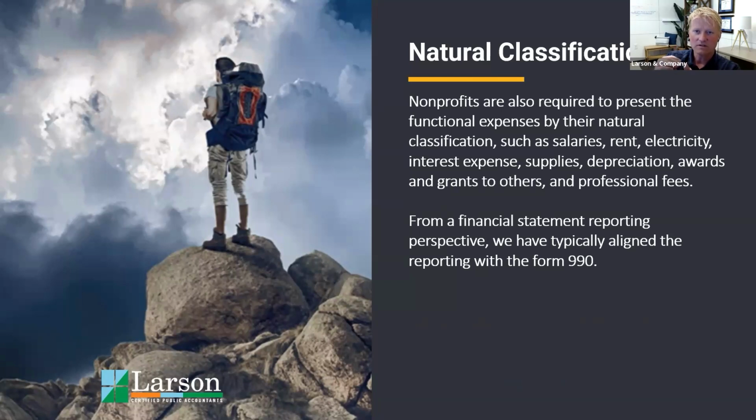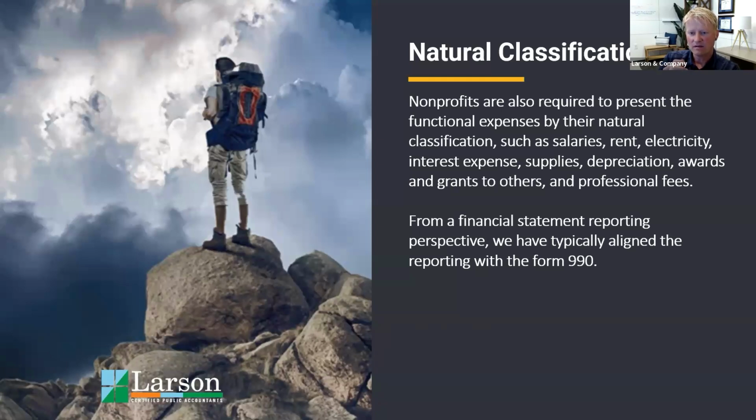So, for example, salaries, rent, utilities, interest expense, office supplies, depreciation, and these are also broken out in the 990 as well. In our firm, we typically try to follow as closely as we can the 990 breakouts and try to keep those two reports consistent with each other.